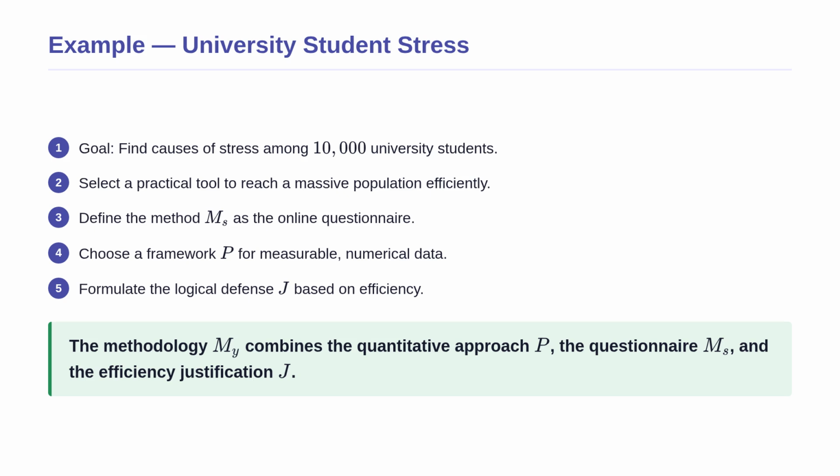Next, because we are dealing with measurable, numerical data from a large sample, we choose a quantitative philosophical framework. Finally, we add our justification. An online questionnaire is the only feasible way to reach 10,000 students within our time and budget. Combining these gives us our complete, robust research methodology.